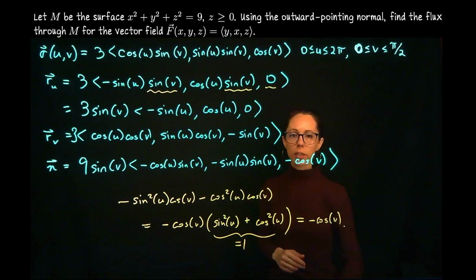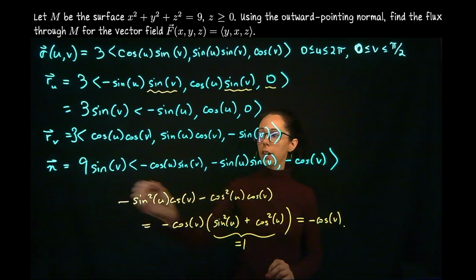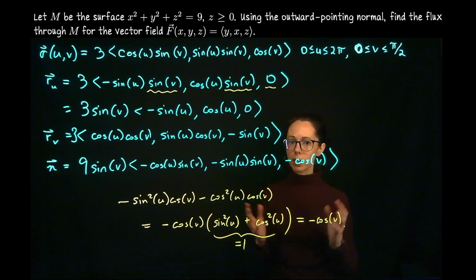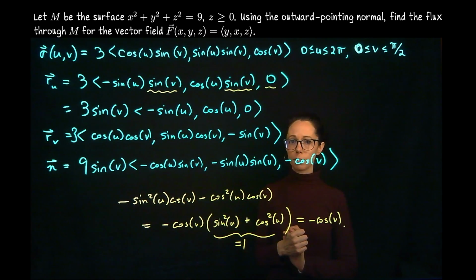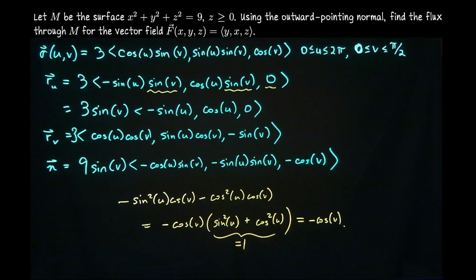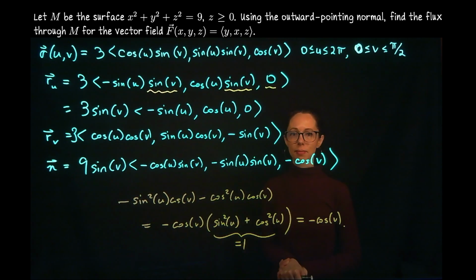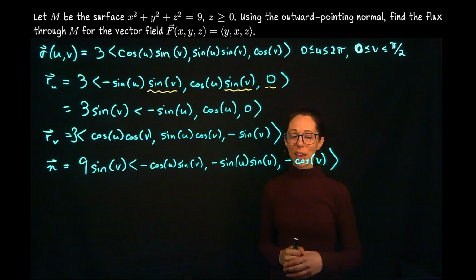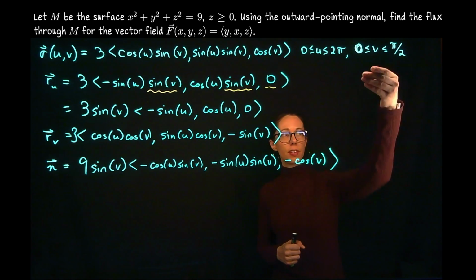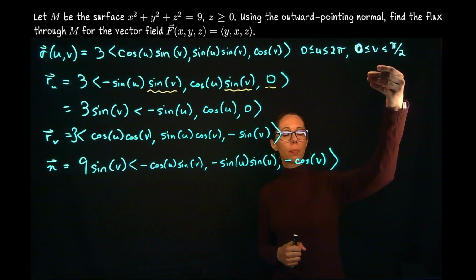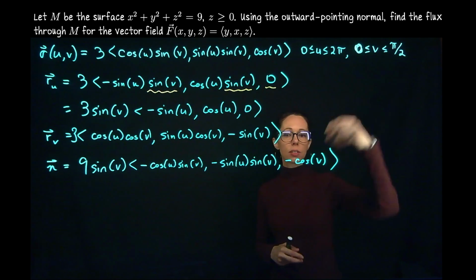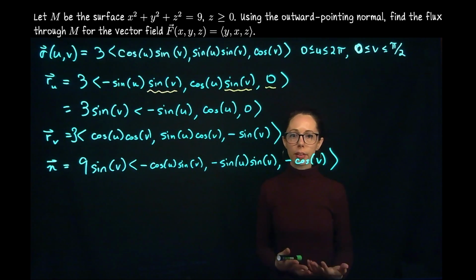Okay, I'm going to pause here, and what I would like for you to do is answer one question. Is this vector correctly oriented relative to the description of the surface that we were given? The answer is no. If you look at cosine of v for v values between 0 and pi over 2, cosine of these angles is positive, or greater than or equal to 0.